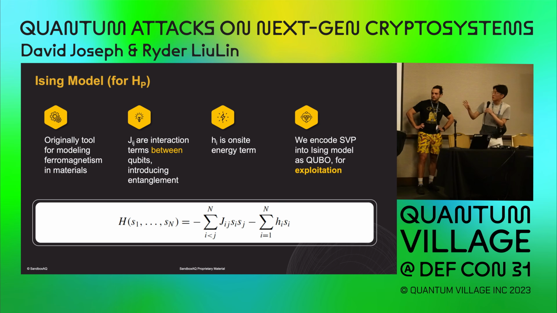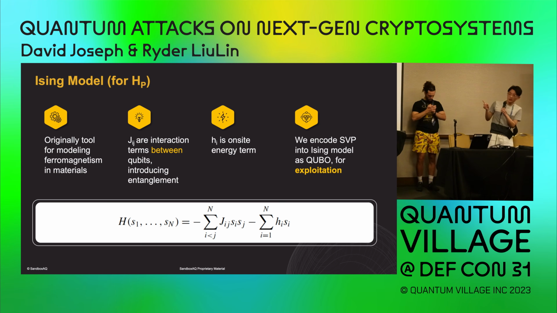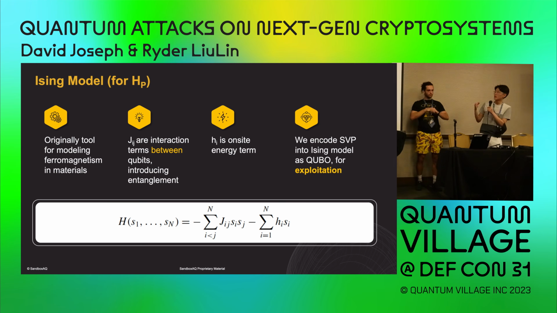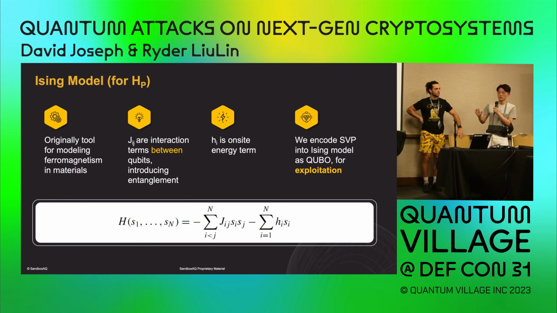The S's are the spins, and the H is just the on-site energy term for that particular qubit. And we are encoding the shortest vector problem. In our example, we're going to be encoding the shortest vector problem into the Ising model as QUBO. Again, it's not super important what QUBO means, it's just a type of optimization problem.